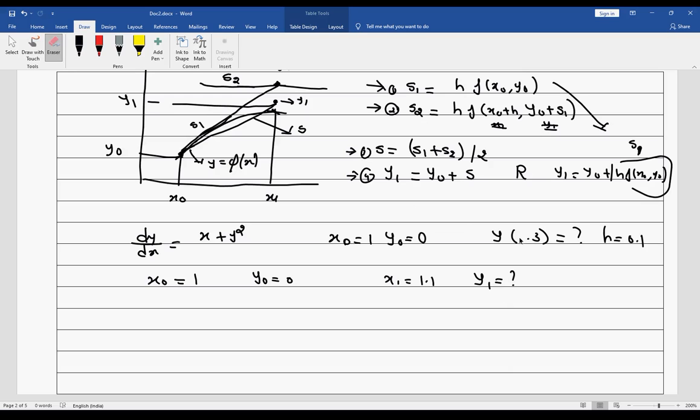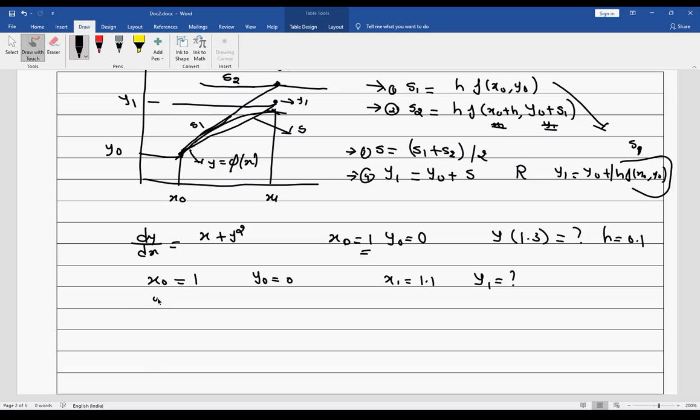So here it is 1.3, not 0.3, because this is 1, we have to go ahead. You can go back also, that is not a question, but still, 0.3 coming back means 7 steps will be required. If you want to do 3 steps, we are moving ahead in future, so it's 1.3. Okay, so at x equal to 1.3, what is the value of y?